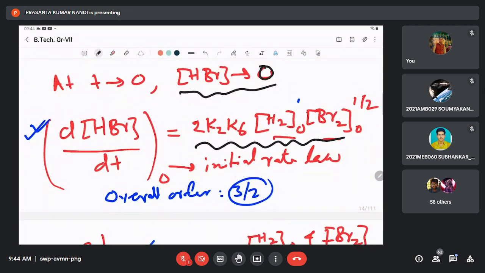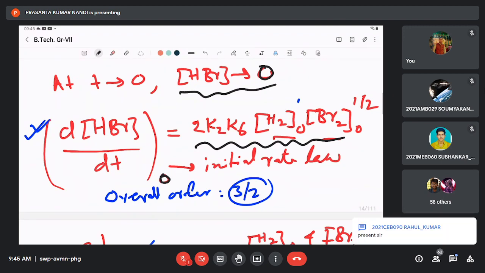We label this rate of formation of HBr as rate 0, at the very beginning of the chain reactions, when the concentration of HBr is nearly 0 and the complicated differential rate equation simplifies to this form.